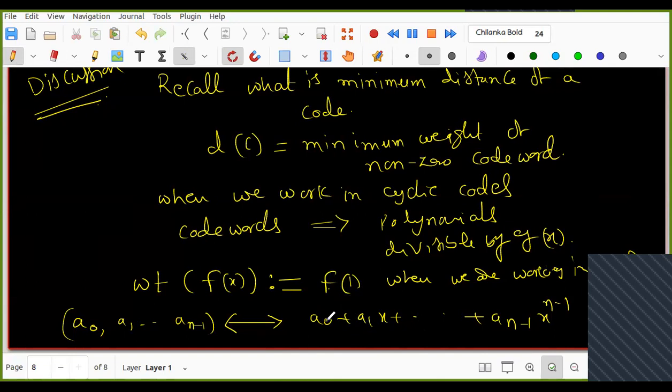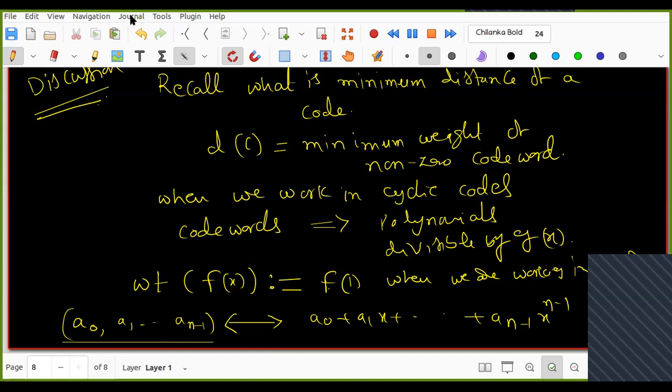Then f of 1 will give the number of ones, right? So the number of ones is the weight of the codeword.